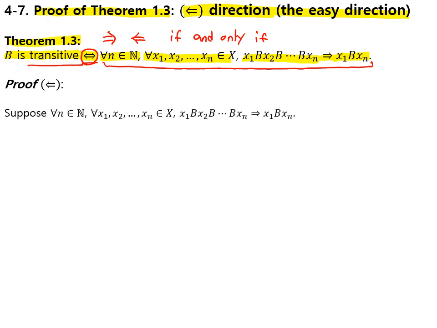Okay, so to prove it, we assume the antecedent, right? So we're proving this direction here, and the antecedent is going to be this long expression here. So suppose first that the antecedent holds. Suppose that that is true.